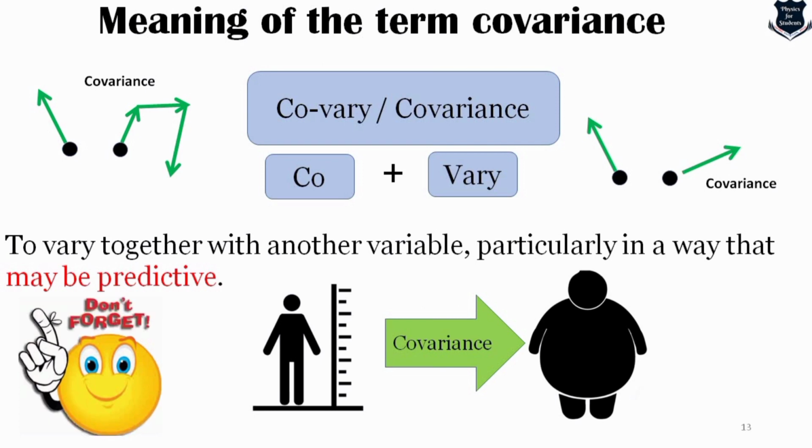When two stocks tend to move together, they are seen as having positive covariance, and when they move inversely, they are called negative covariance. So it is used in the financial sector. Once you see the term covary, you should not be surprised if it is used in the financial sector. So let us not forget that also.